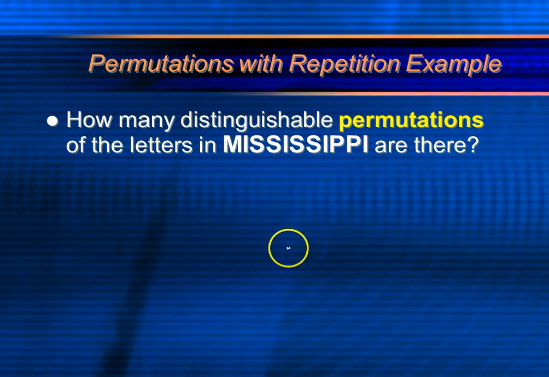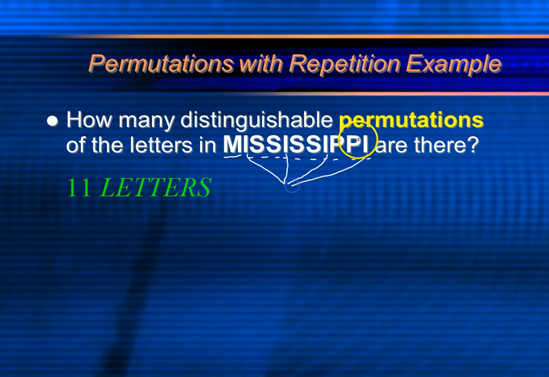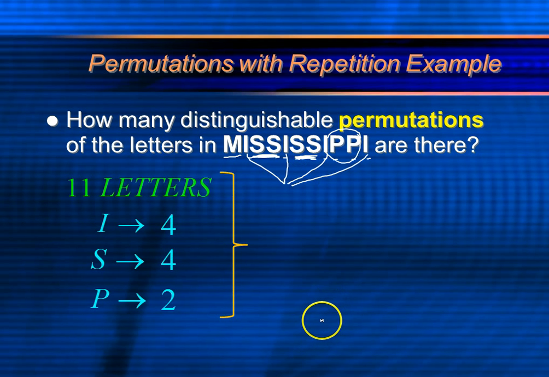Okay, the last one, Mississippi. 1, 2, 3, 4, 5, 6, 7, 8, 9, 10, 11 letters. 4 I's, 2 P's, and 4 S's. So are we going to write this? What's our total on top? 11.